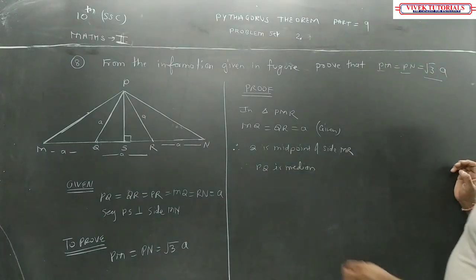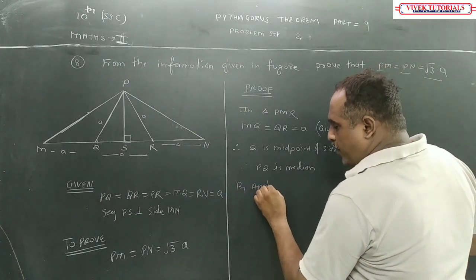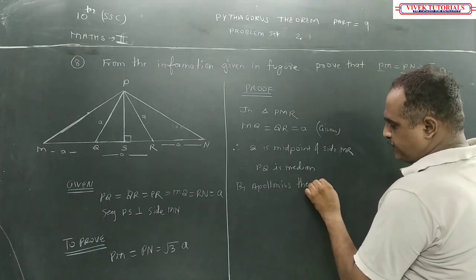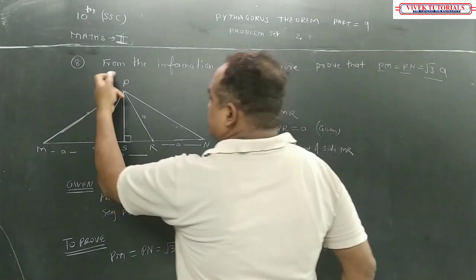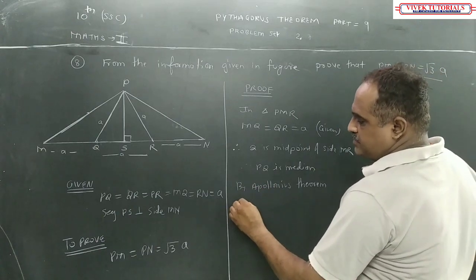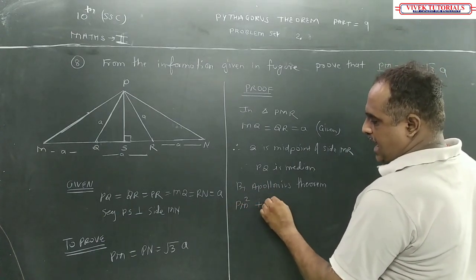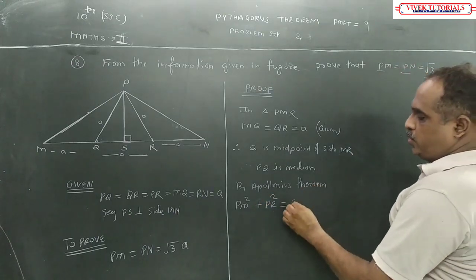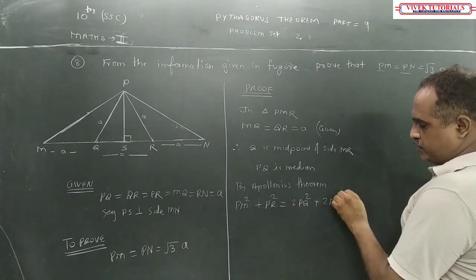So I would write, by Apollonius theorem or property, what will happen now? We are going to consider only this triangle PMR. So I would write PM square plus PR square is equal to 2PQ square plus 2MQ square.